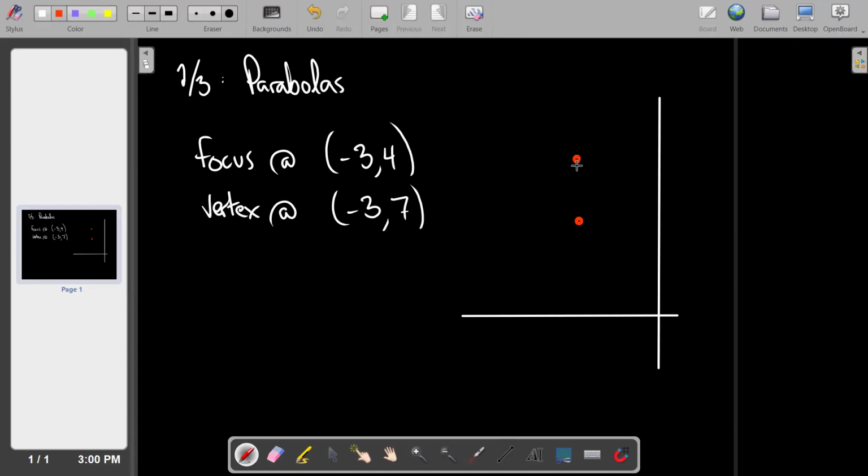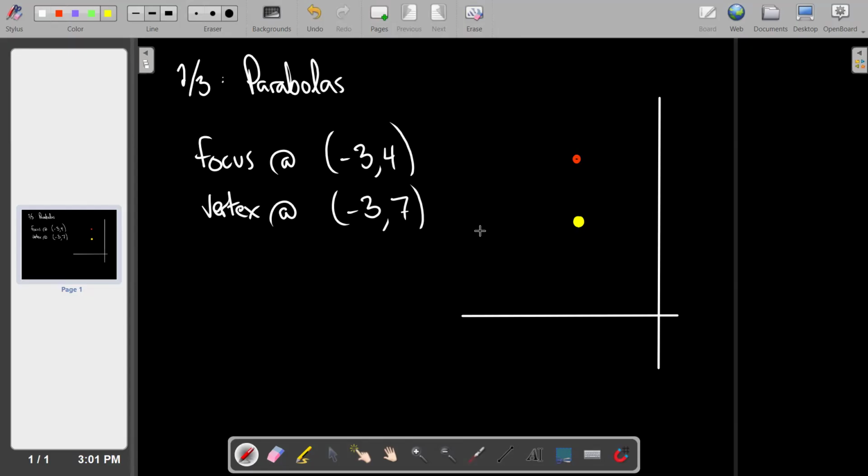The key is to remember that the focus is inside the parabola, and since the vertex is the high one up here, this yellow one has to be the focus. For the next few minutes I'll be consistent: red will be the vertex and yellow will be the focus.